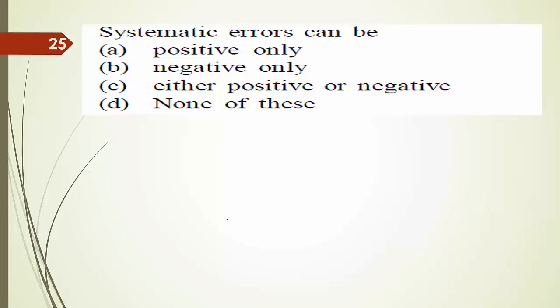Systematic errors may be positive or negative because you know the reason behind the error. So the right answer is option C, either positive or negative.